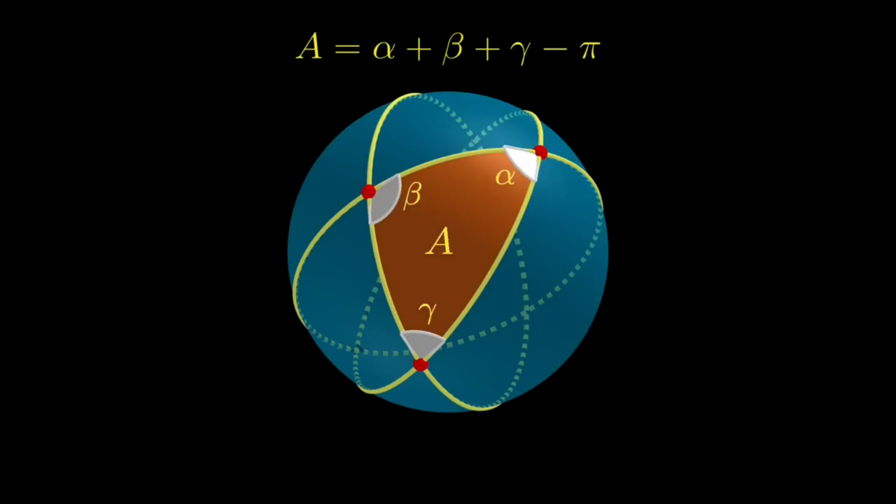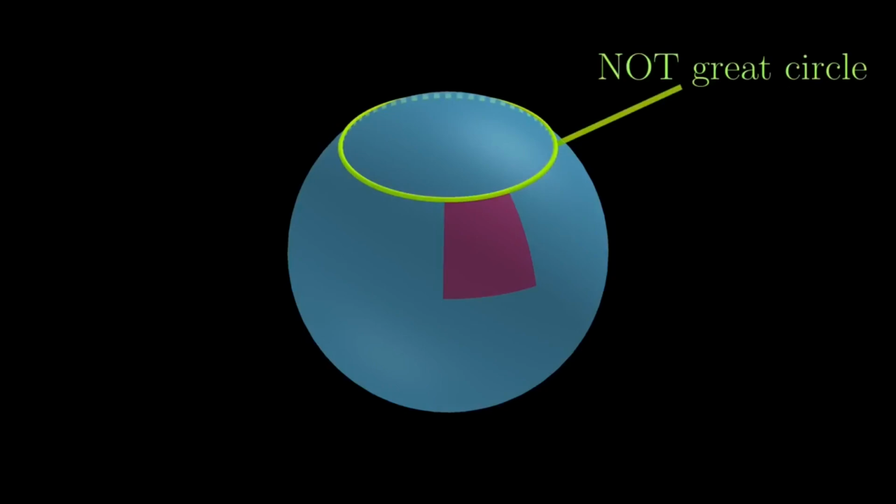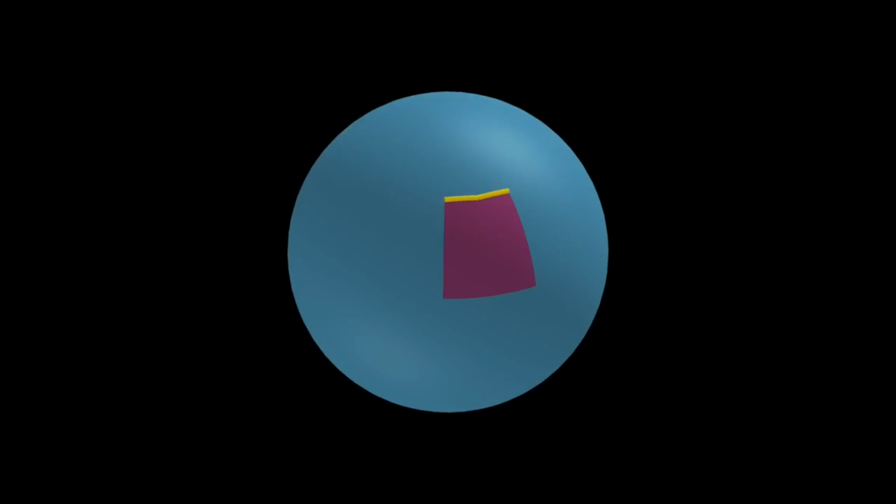Given this formula for spherical triangles, we can already compute the area for a general region. The idea is that even if the boundary is not a part of a great circle, which here I deliberately take it not to be, we can still approximate it by a bunch of arcs of great circles. There are two arcs here, but even if I zoom in a lot, you still might not be able to see the difference between the yellow arcs and the original pink region.